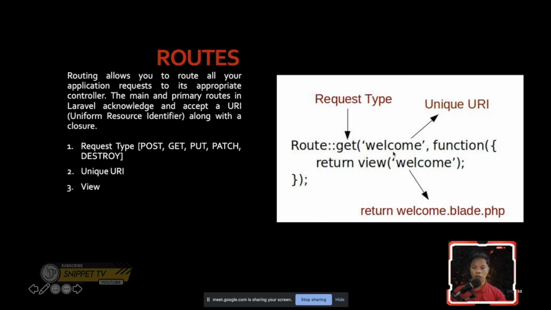For example, meron kang welcome, katulad nakalagay dyan. Meron kang home, meron kang dashboard, meron kang posts. Dapat yun hindi magkakapareho kasi Laravel itself would then notice na merong magkakaparehong URI. So hindi yun i-allow ng Laravel.